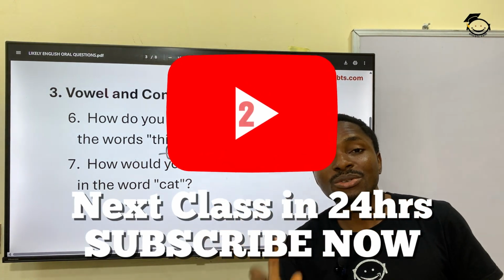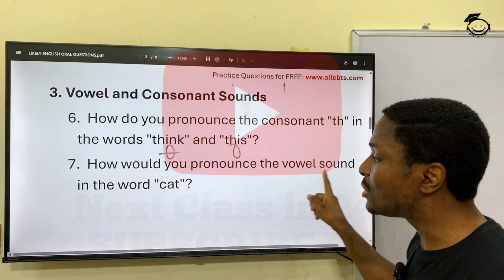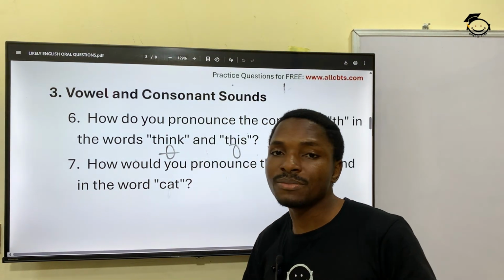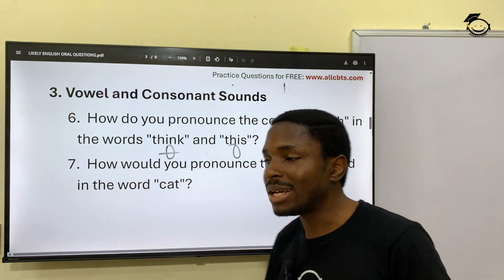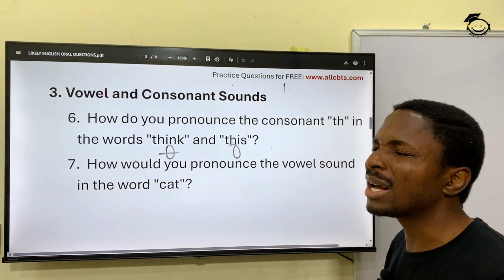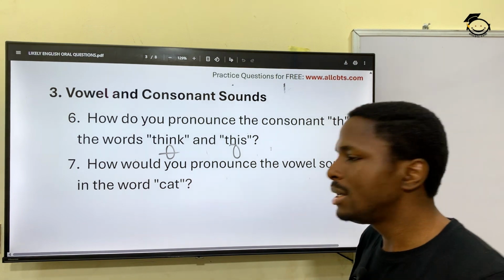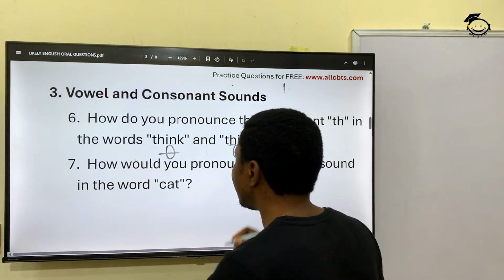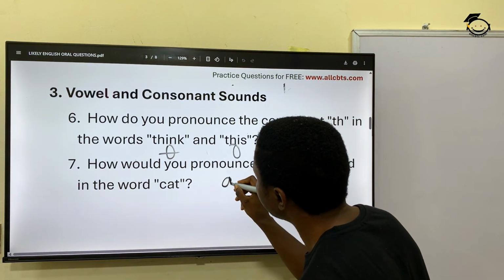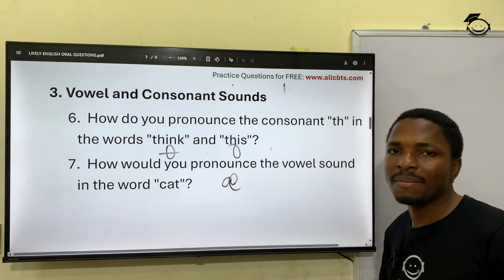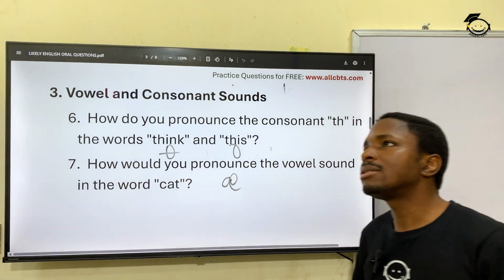I was focused on the consonant sound, but the vowel sound is the R sound there.